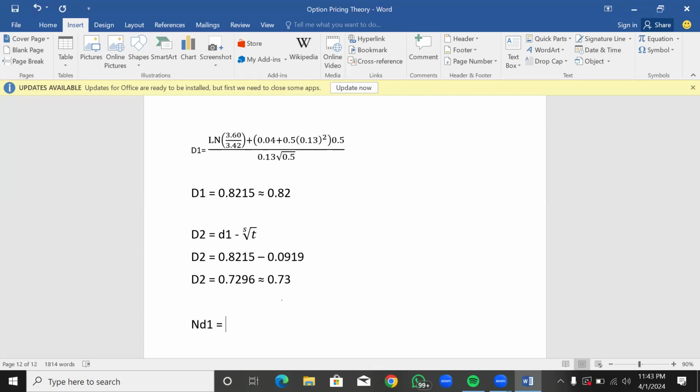So let's now go and look for our ND1. We are going to remember our D1, so 0.8 under 2. Please give me the figure for 0.8 under 2. 0.2939.